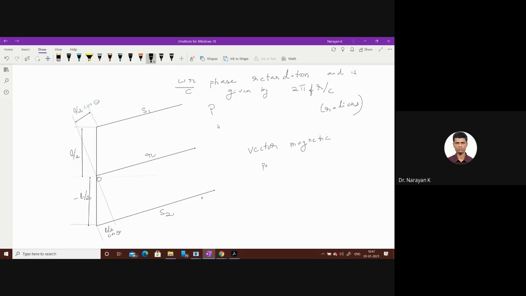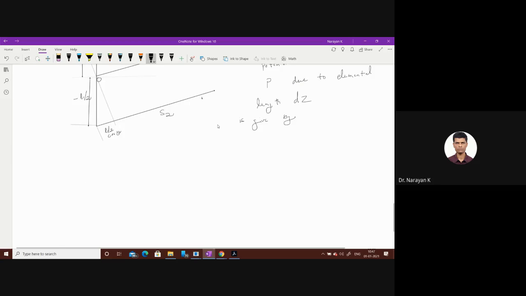The vector magnetic potential at point P due to the elemental length dz is given by Az equals mu by 4 pi, integration from minus L by 2 to L by 2, retarded current I divided by distance S, dz.